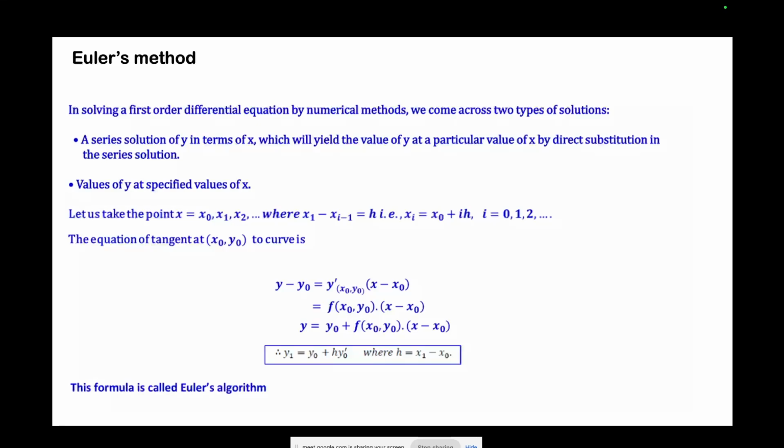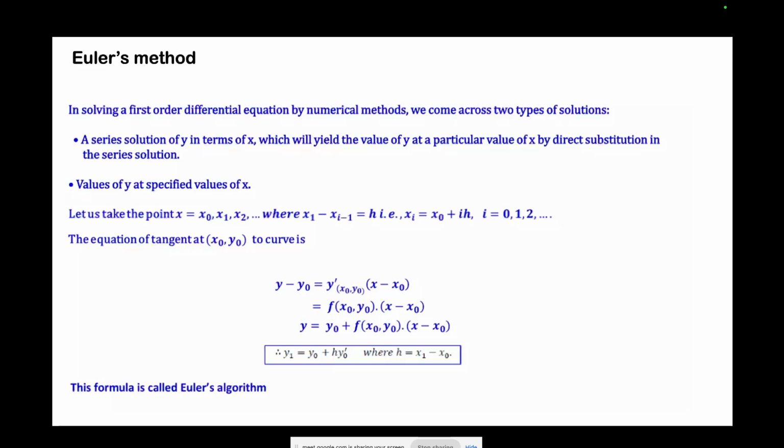This is actually the differential formula. So how do you define dy/dx? I'll just write it here, and I think that will be better. You write dy/dx equal to (y naught minus y1) by (x naught minus x1), assuming that the differences are very low. So this is how you write a differential equation.